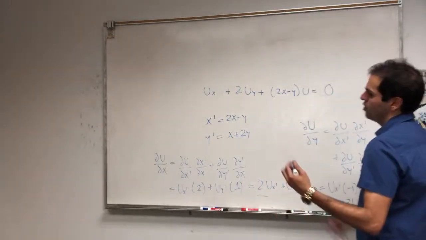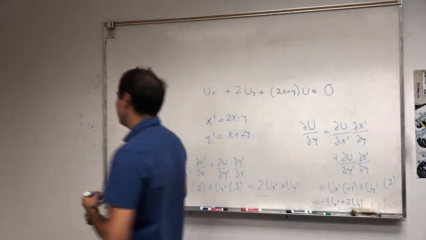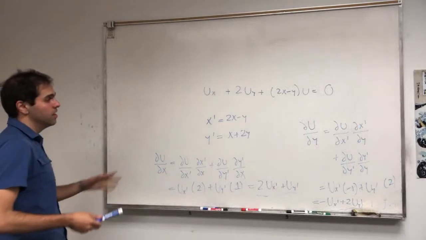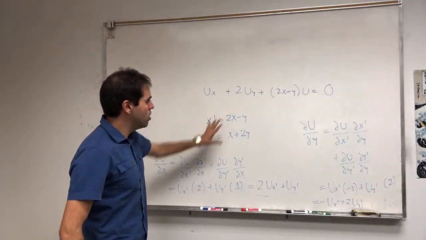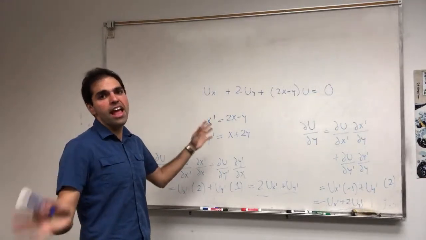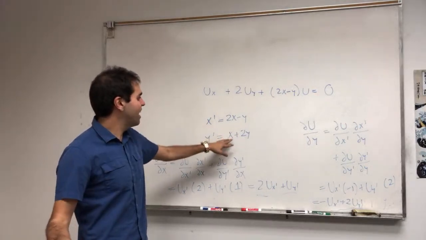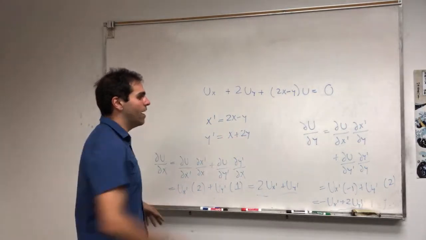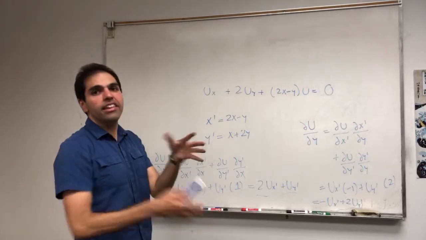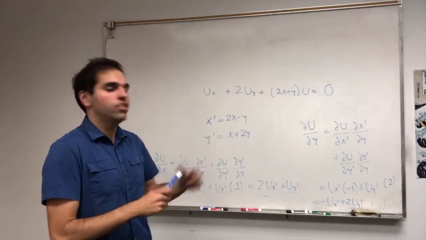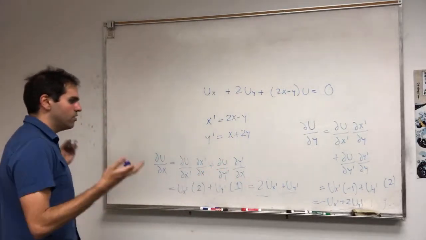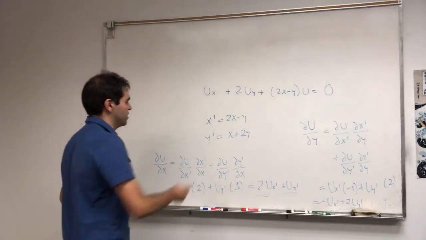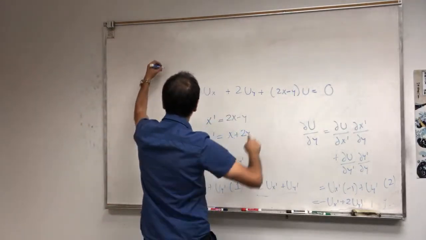By the way, if it really bothers you to figure out what the variables are, you could always say ax plus by and then cx plus dy, use the chain rule, and then choose your constants so that you have a nice simplification. It's definitely another way of doing this. Now, you want to plug this into the PDE.